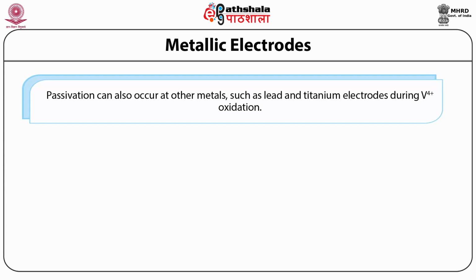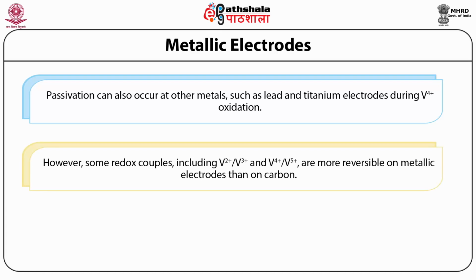Passivation can also occur at other metals such as lead and titanium electrodes during V4+ oxidation. However, some redox couples, including V2+/V3+ and V4+/V5+, are more reversible on metallic electrodes than on carbon.